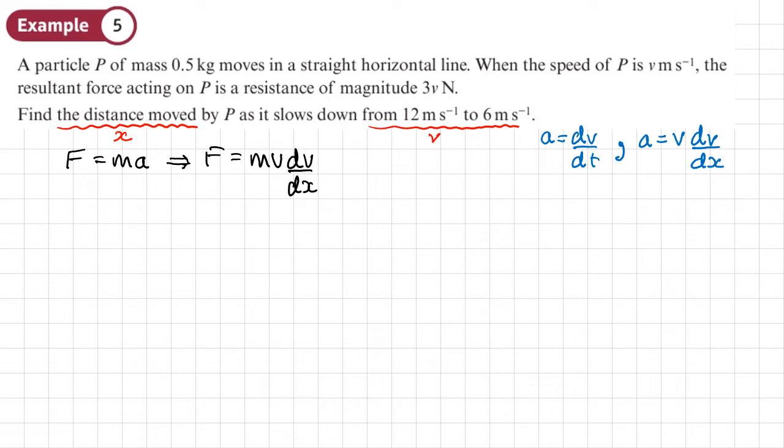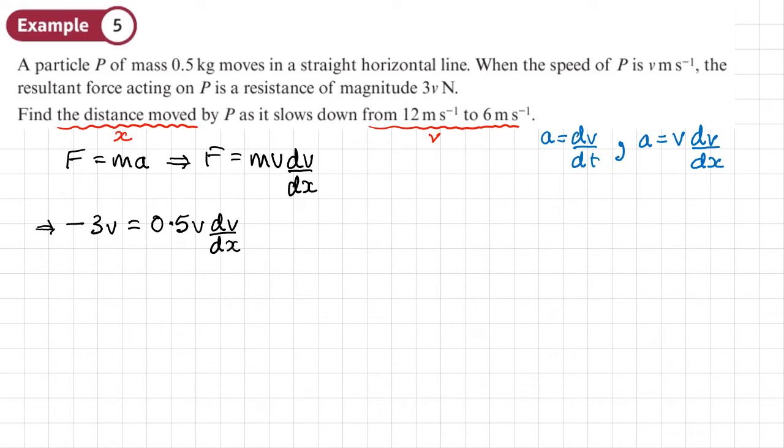So now we'll start to fill in the information from the question. It says the resultant force is a resistance of magnitude 3v. If it's a resistance, then it's opposing the direction of the particle P, so the resultant force is minus 3v, equal to m, which is 0.5, v dv/dx.